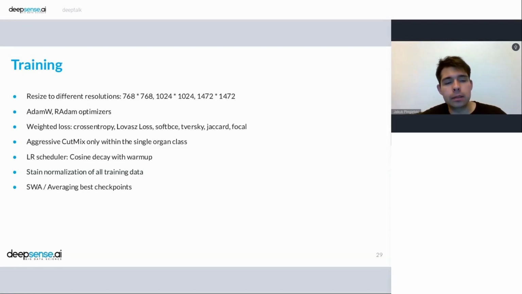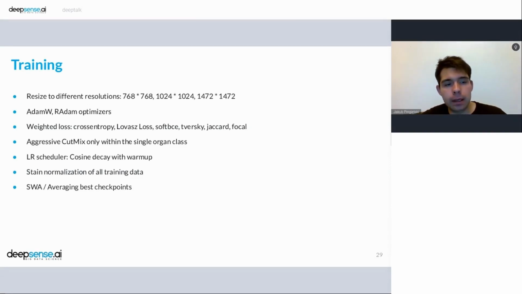I've mentioned that a different optimizer did not help me, but it turned out that for some people it worked, especially AdamW and RAdam optimizers were popular. Also, for me, cross-entropy was the best, but many teams tried weighted loss, so they added to cross-entropy some different losses such as Lovasz loss and Tversky or Jaccard loss. So it's also worth trying.